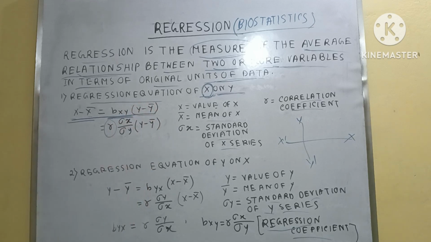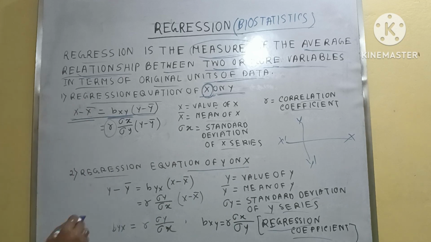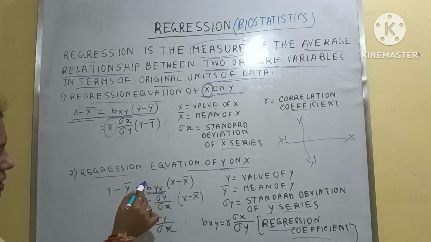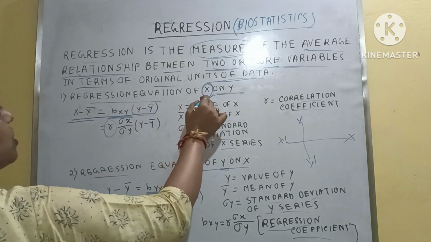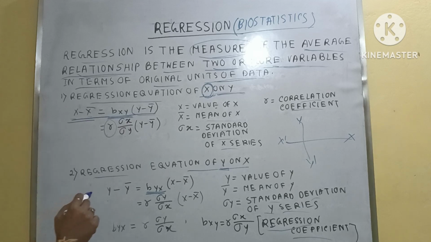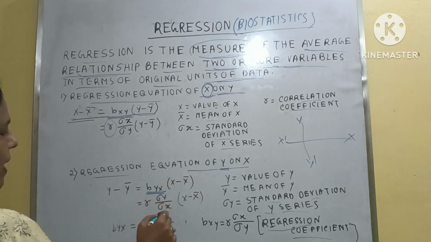The regression equation of y on x is y minus y bar equals byx into x minus x bar, or r sigma y by sigma x times x minus x bar.